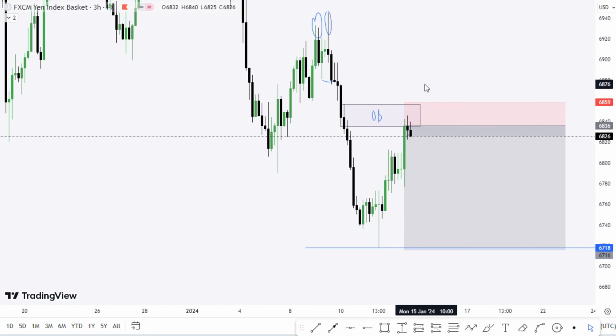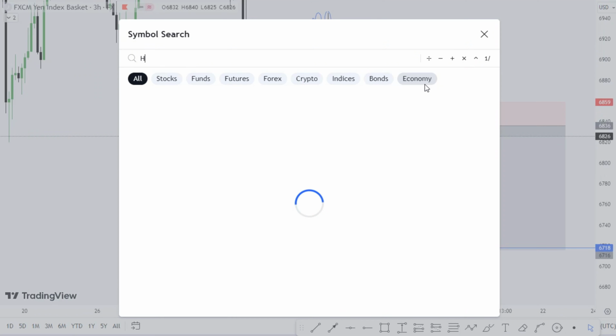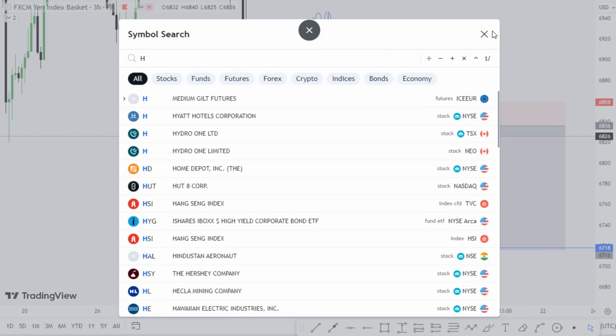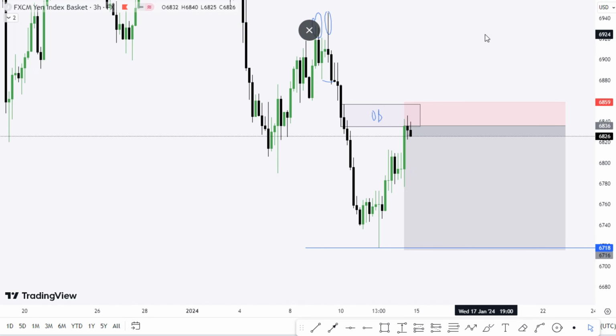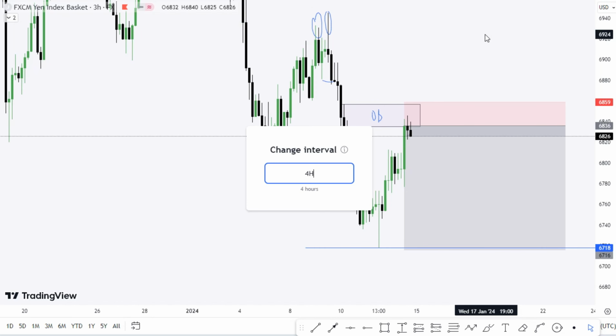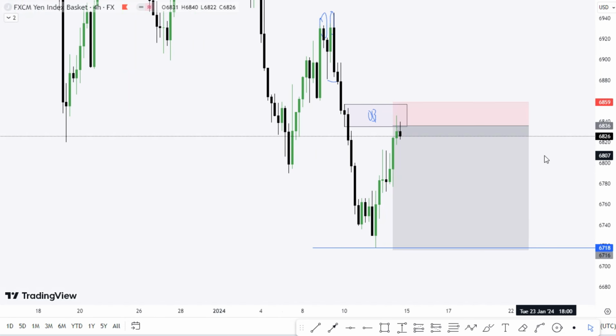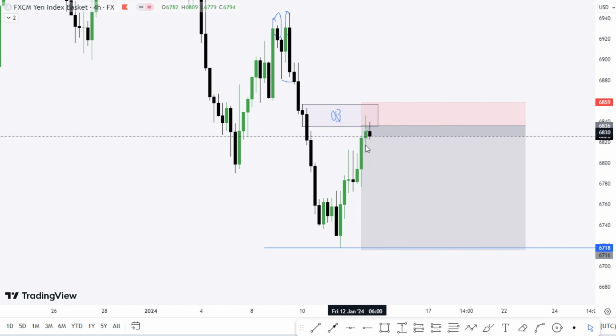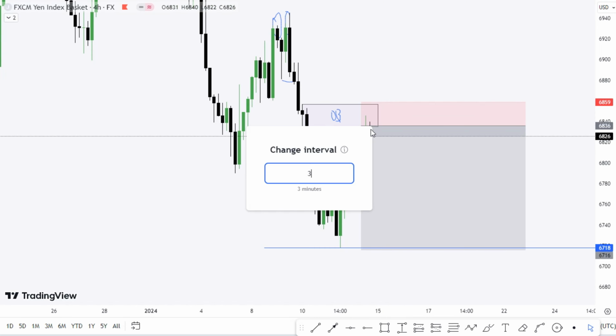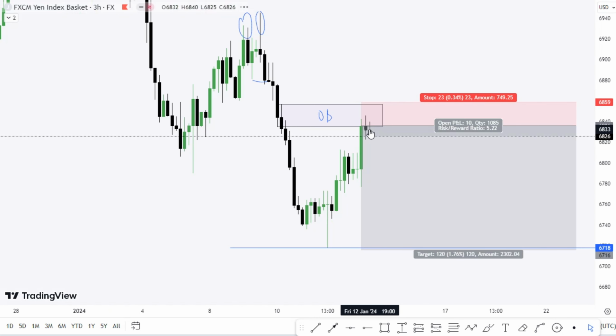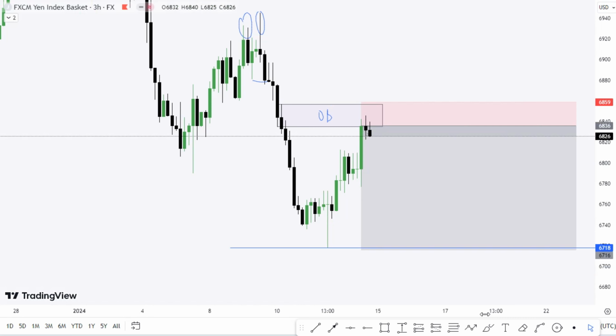As you can see, dropping onto the 4 hours, oh sorry, I'll keep my chart clean. Dropping onto the 4 hours time frame, you can see we expect to see this engulfing, but on the 3 hours time frame, we had what we call the inside bar.